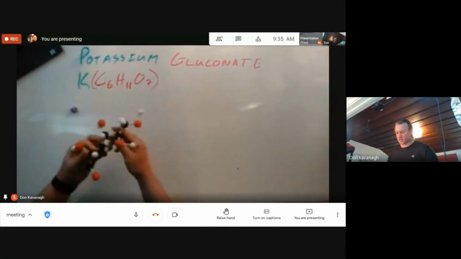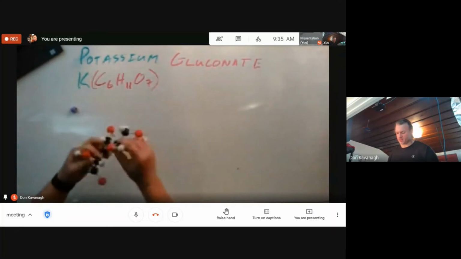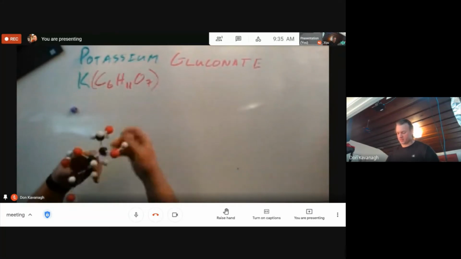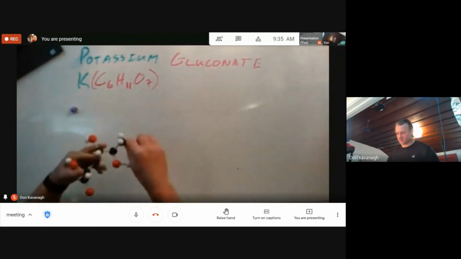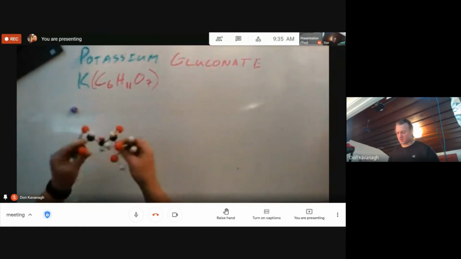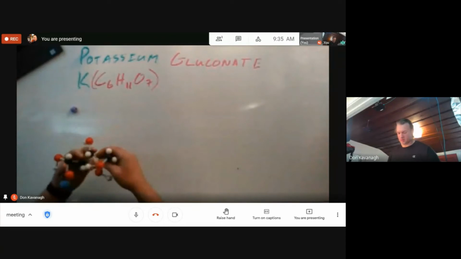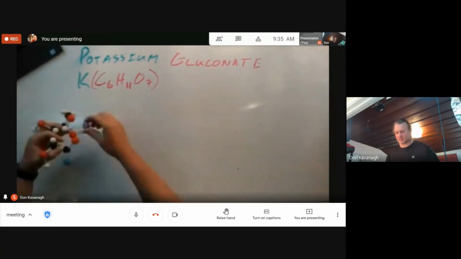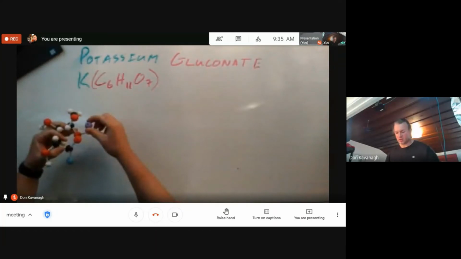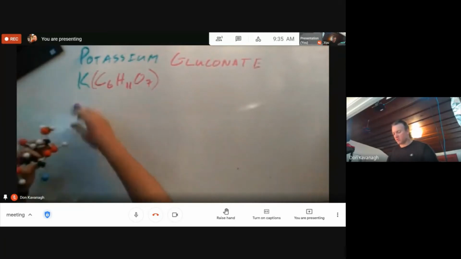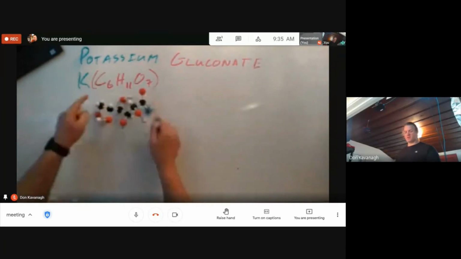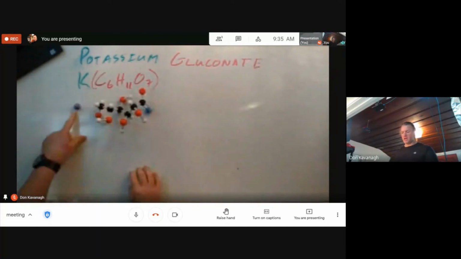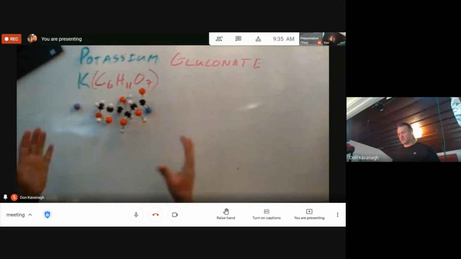And if you note the rotation of these atoms that can occur, this will rotate where all of the electron pairs are faced inward on one side, and that potassium is attracted to the lone pairs that you have to imagine are there. So when you ingest potassium gluconate, you ingest a portion of potassium that you're interested in and a portion of gluconate that your body can utilize, but that's not why you're taking potassium gluconate.